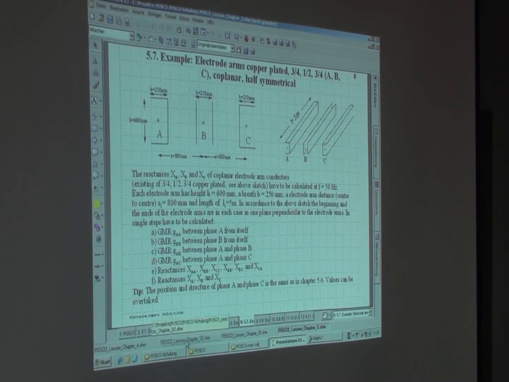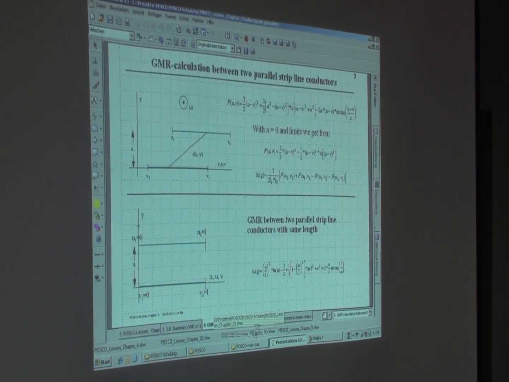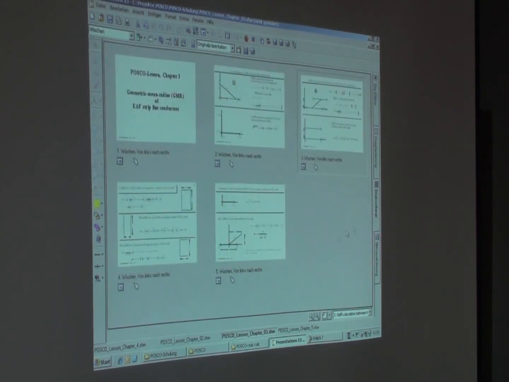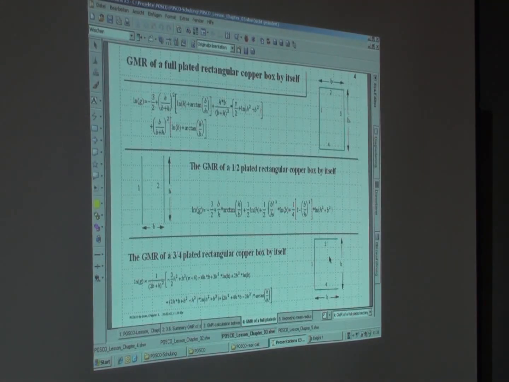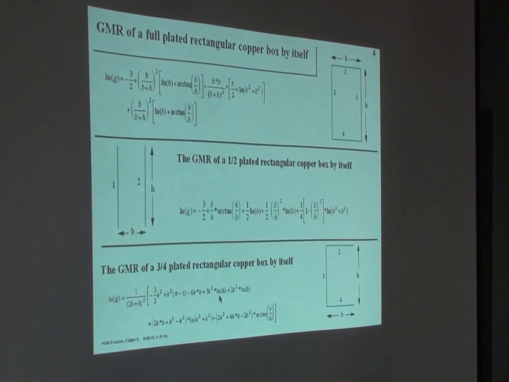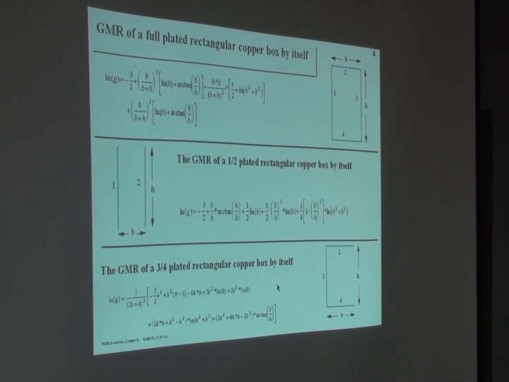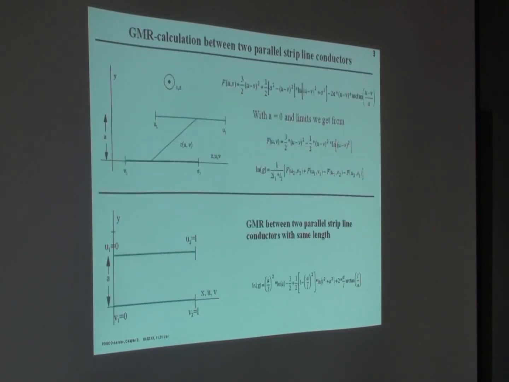Where is the formula? The formula is in chapter 3. You can use this formula. You have to put in this. You can calculate it about this. But you can calculate it in the same way as here. That you say A3, A2, A4. You have, you can calculate A3, A3. How? Not here.